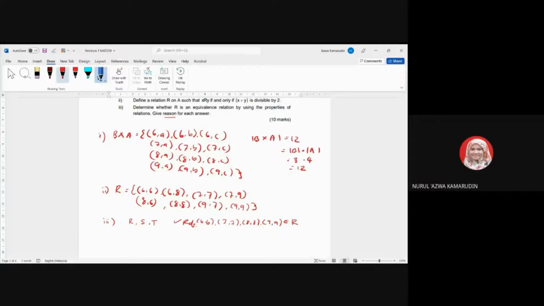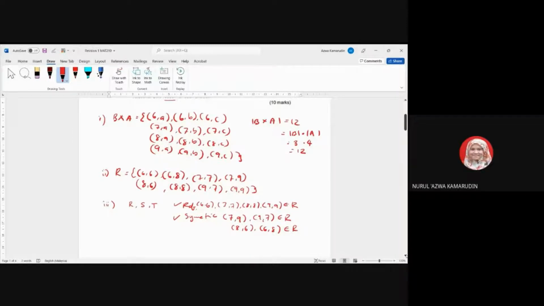So dia memenuhi semua syarat. So it is symmetric. Reason dia, 7, 9 dan 9, 7 is in R, dan juga 8, 6, 6, 8 they are also in R. That is symmetric.